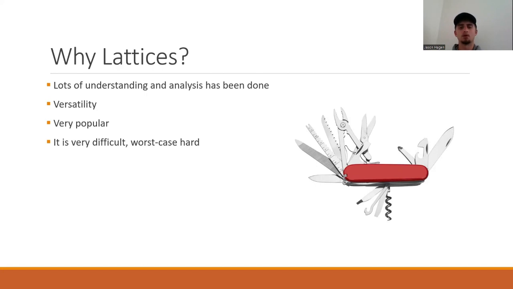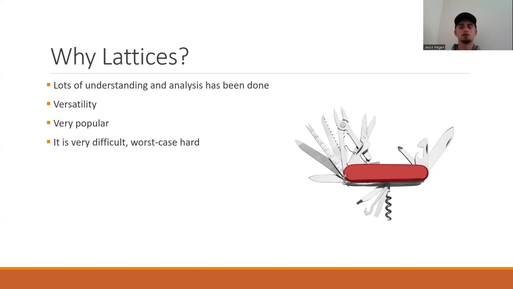And mainly the most important part of this is it's very difficult and worst-case hard. So this worst-case hard idea is that the average problem for a lattice is very, very difficult, as opposed to factoring problems, which are average-case hard, where your average case is somewhat difficult because no matter what field you are in, you're going to have super hard problems and you're going to have really easy problems.